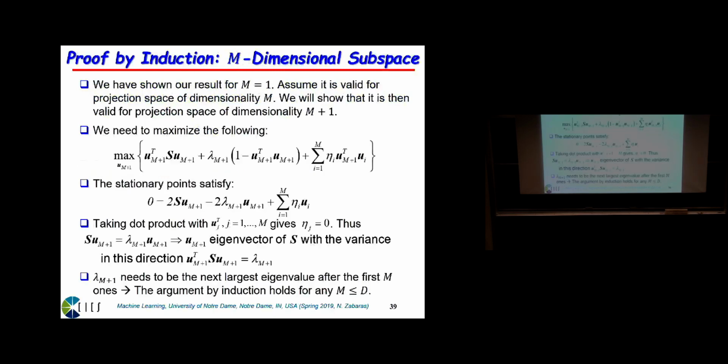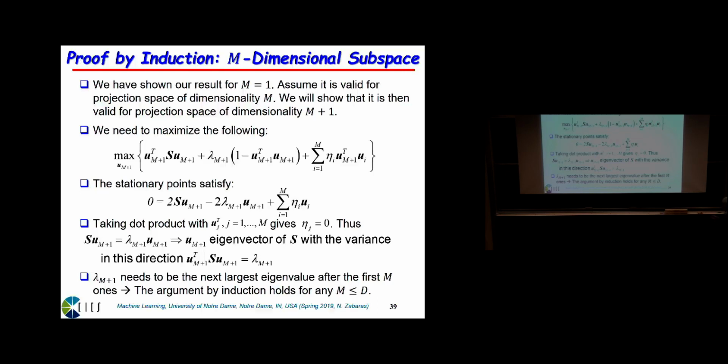This is the proof by induction, so I am not going to elaborate. If you have already projected in m dimensions and you want to find what the vector is to do projection in m+1 dimensions, literally what you need to do is introduce the principal component um+1 and force it to be a unit vector, and force um+1 to be orthogonal to the previous principal components with this Lagrange multiplier.